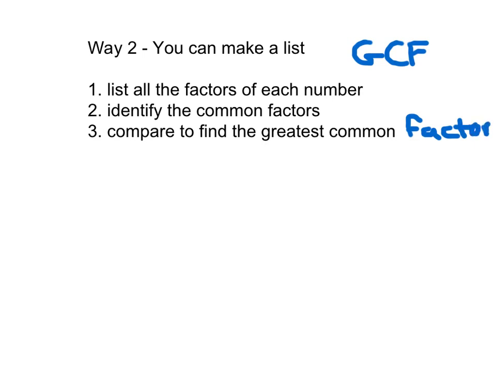Let's go ahead and use two numbers here, like 20 and 30. We can find the GCF, or greatest common factor, of 20 and 30 using this method. It says to list all the factors of each number.